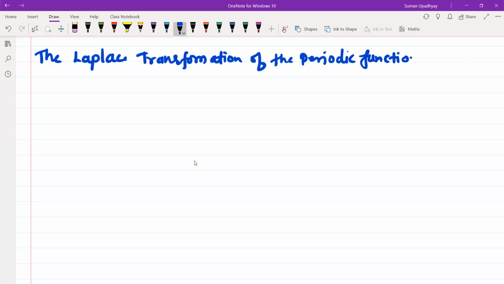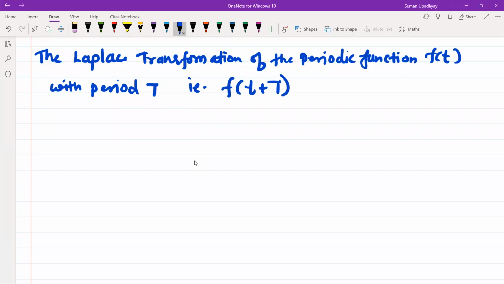Suppose we take its period as T. A periodic function means that f of t plus T will give you the answer f of t after the interval T. With period T, the Laplace transformation of the periodic function is this.